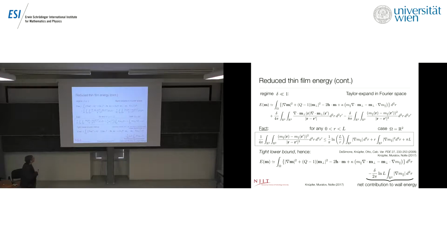Okay, and to proceed further, I'm going to mention the following fact that we derived in a joint work with Hans Knüpfer, who was supposed to give a talk earlier today, but unfortunately couldn't come. This is a basic fact that, first of all, this bulk charge term is positive.